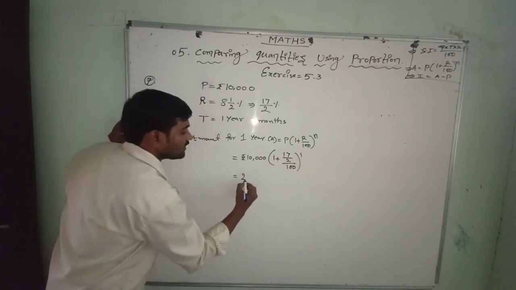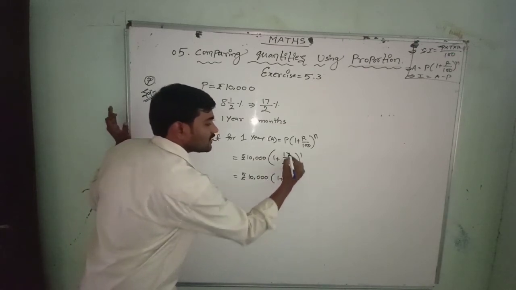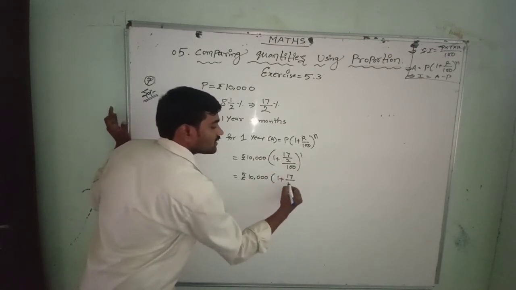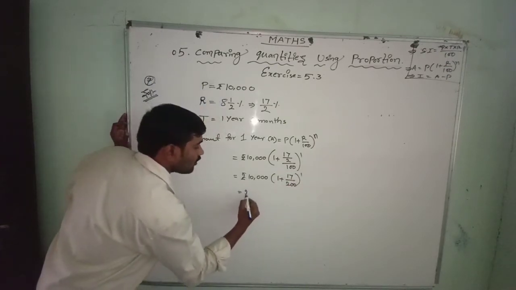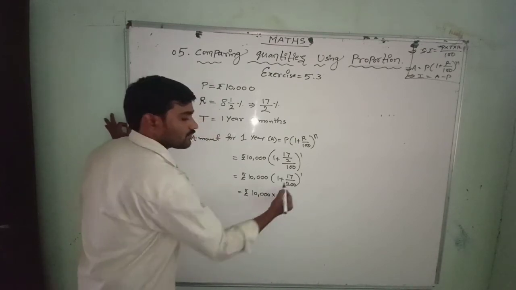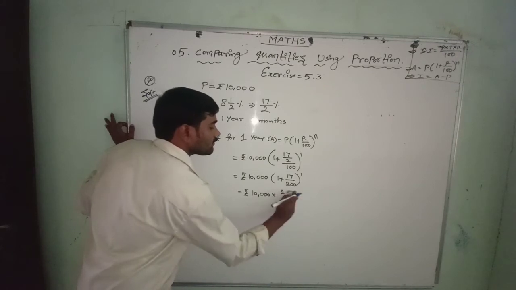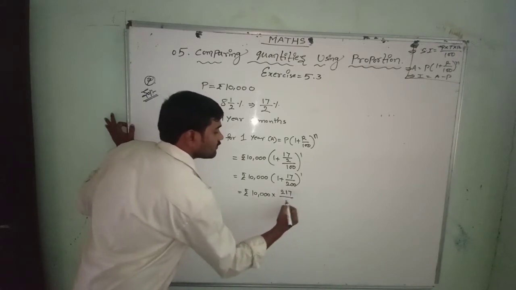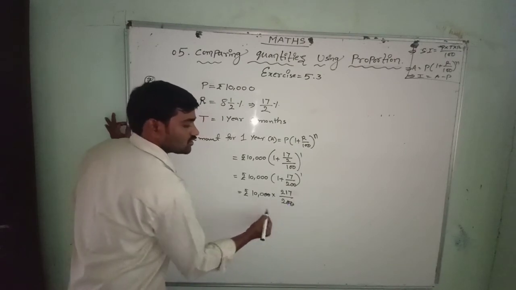So rupees 10,000 into (1 plus 17 by 200), that is 10,000 into (200 plus 17) by 200, which is 217 by 200.